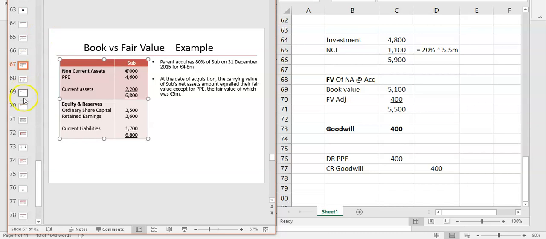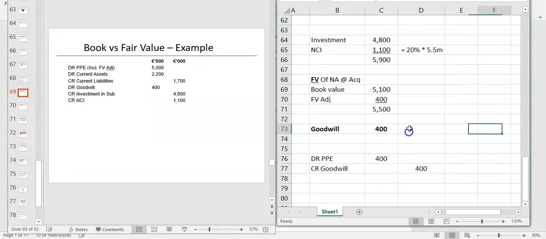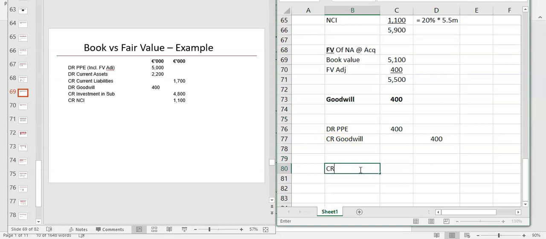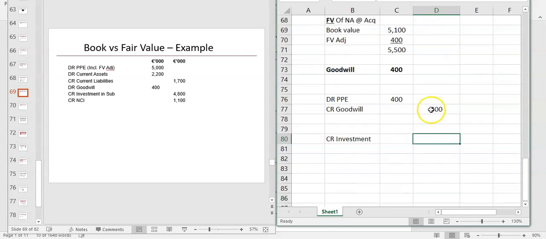So an alternative debit and credit, which will get you full marks, and it's actually a bit easier, is this. You get rid of the investment, which is, just double check here, 4.8. You create the NCI for the first time, 1.1. You bring in goodwill, which is 400.